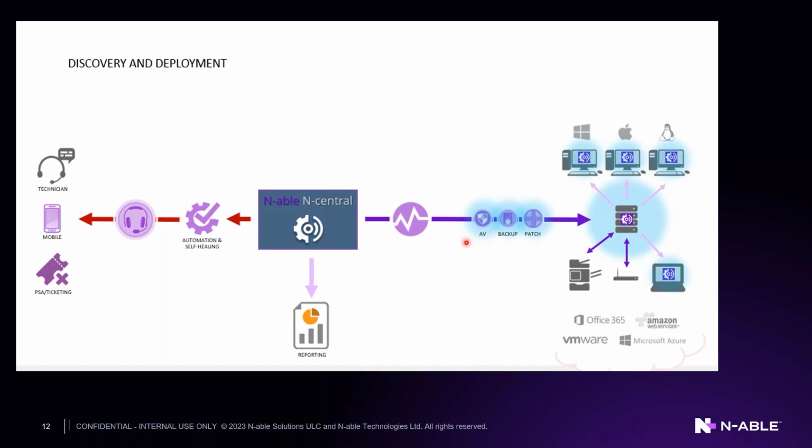More importantly, you can also use N-central to deploy any of your technology stack, right? So whether you're using Cisco Umbrella or DNS Filter, whether you're using ThreatLocker or some other privileged access manager, that is where you're going to be able to push and manage everything through your N-central server.